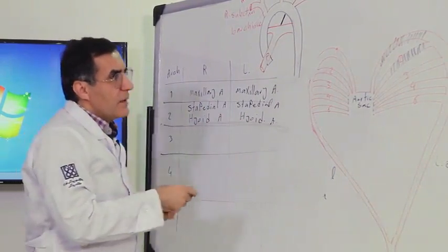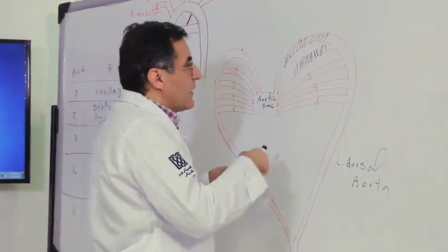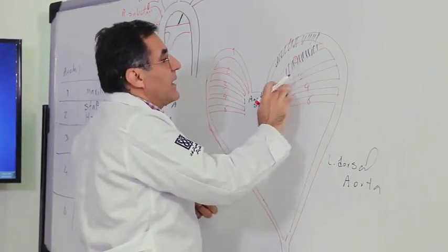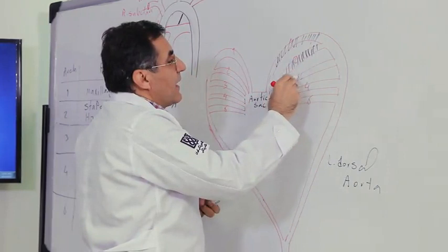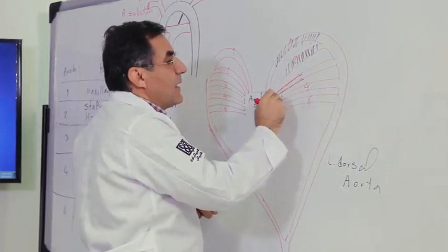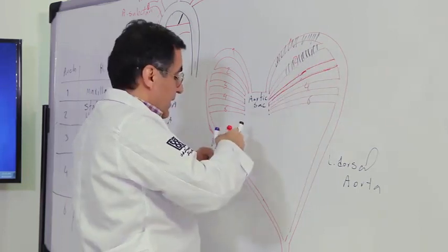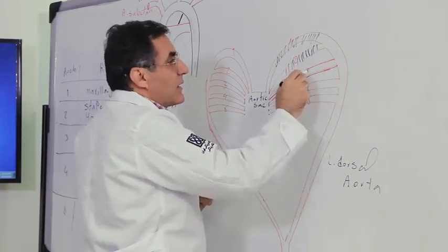The second arc is finished, but the third arc in our body makes the common carotid artery on both sides and the proximal part of the internal carotid artery.